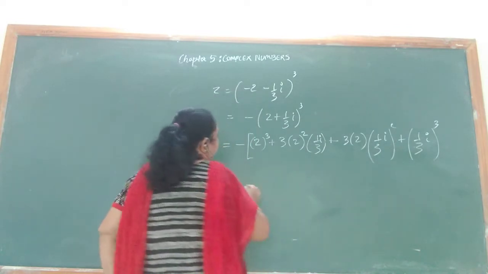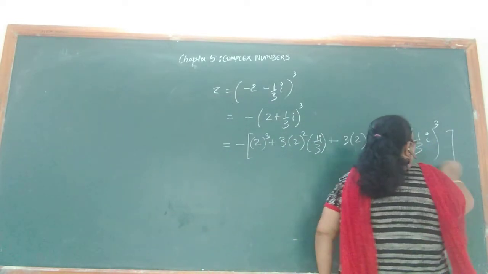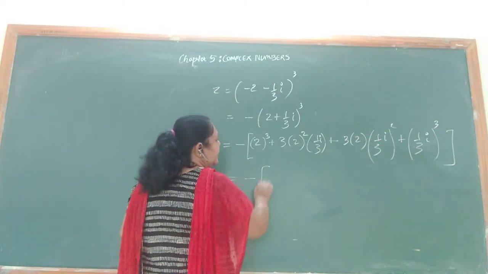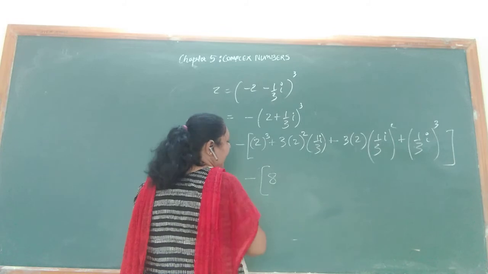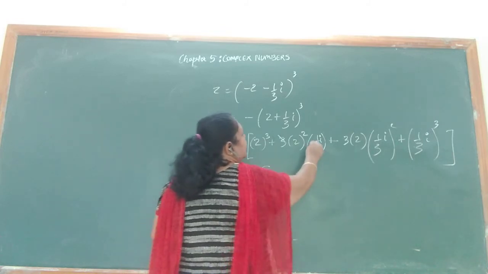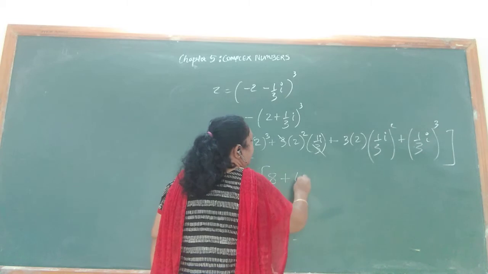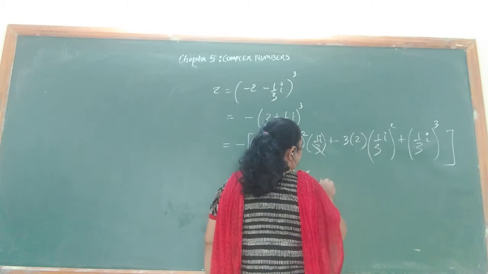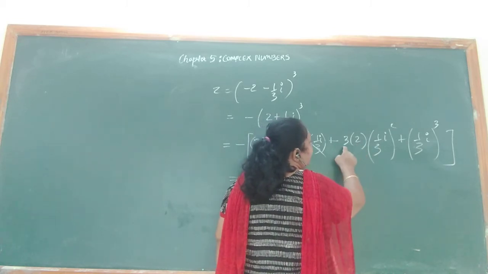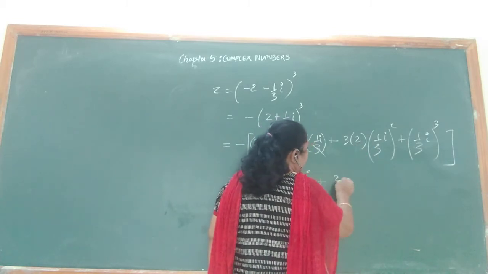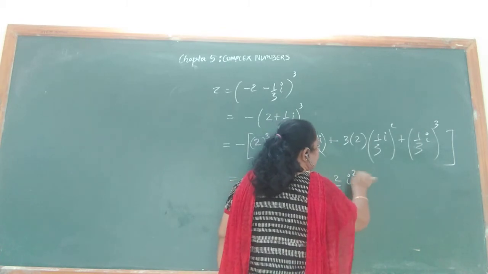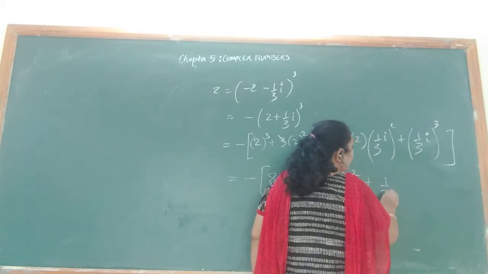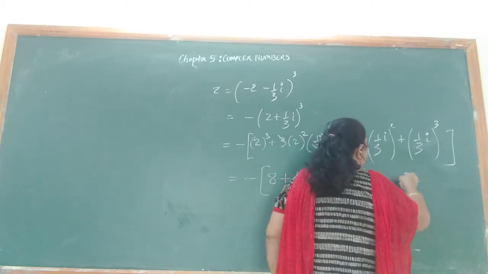So the minus sign is common, that is 8, then 3 cancels with this 3, so I have plus 4i. Then plus 2 upon 3 i square and plus 1 upon 3 cube, that is 27 i cube.